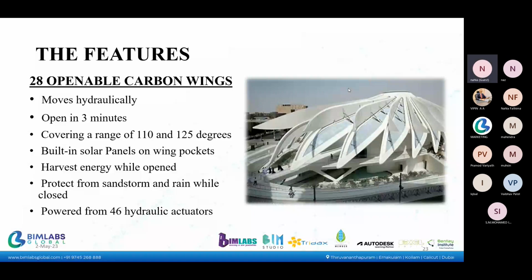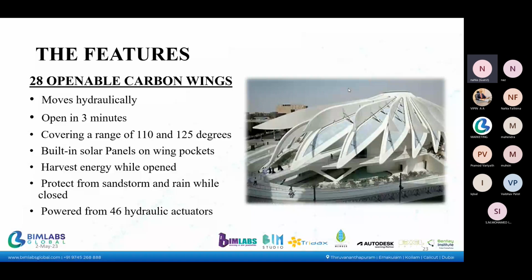Now, the next feature is the ocular skylight of the structure. It is situated at the apex of the roof, and it is 37.8 meters high from the ground with a diameter of 12 meters. Those who have visited the expo might have noticed it, as this ocular skylight mirrors the Expo 2020 logo.